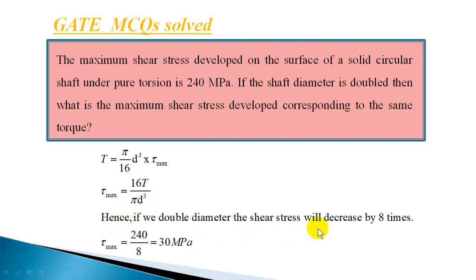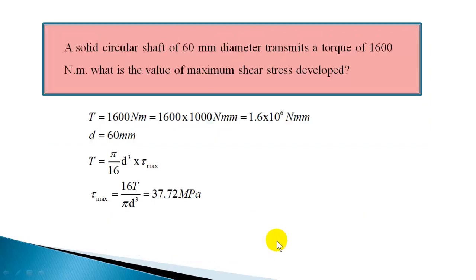So when the diameter is doubled, shear stress will decrease by 8 times, or initially it was 240 divided by 8, the shear stress reduces to 30 megapascal.